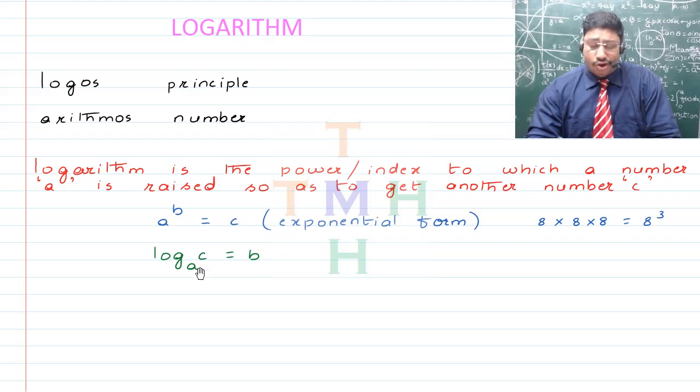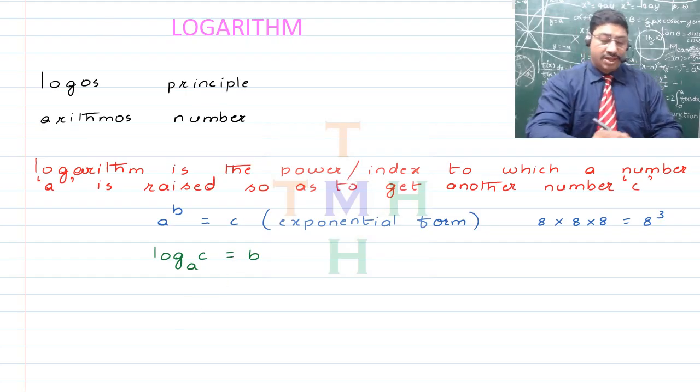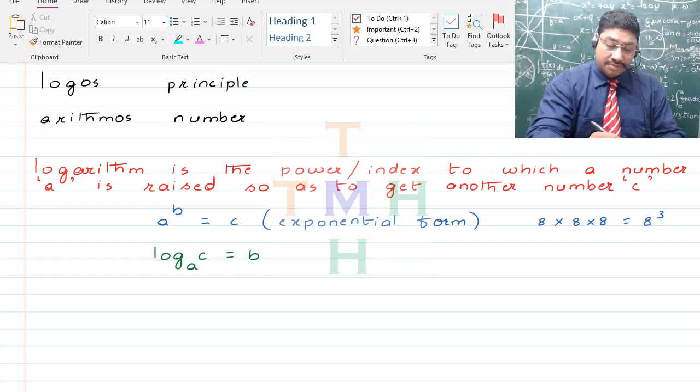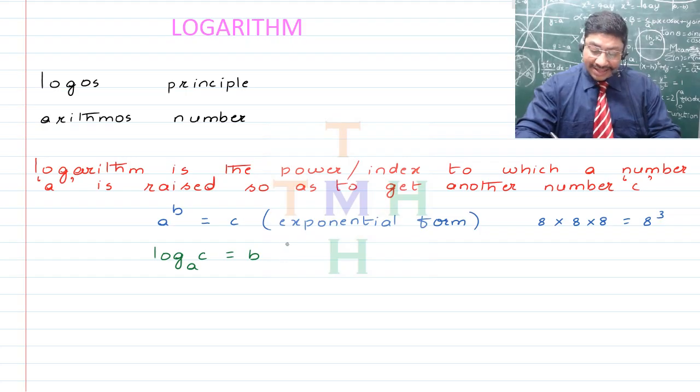Now we have the logarithmic form, which is when we have log of that number, which has now been got as c. We are finding out log of that, and we keep the base the same to get the index. Now I'm sure the meaning of logarithm must be clear to you. And this form of writing any number is actually the logarithmic form.